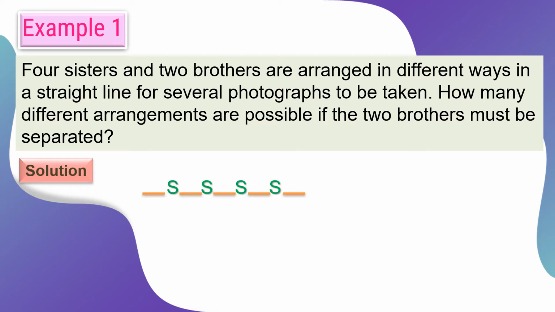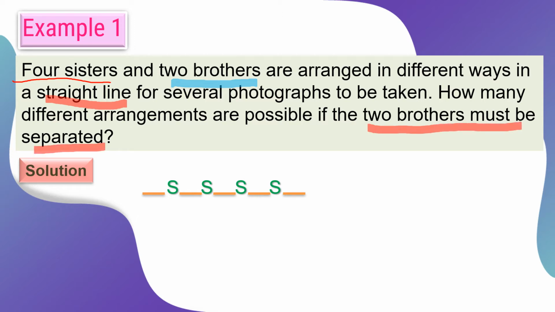For the solution, we have 4 sisters and 2 brothers. We want to arrange them in a straight line. The condition is that the 2 brothers must be separated.